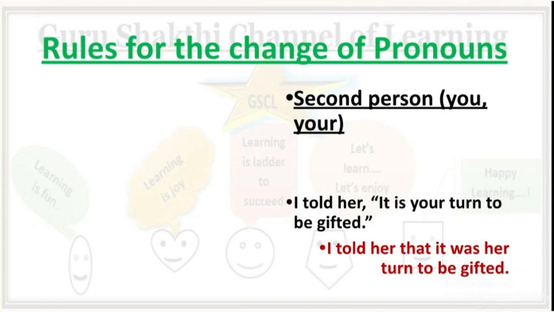Look at the indirect speech. I told her that it was her turn to be gifted. The word your has become her over here in the indirect speech, and it is in the place of the object.